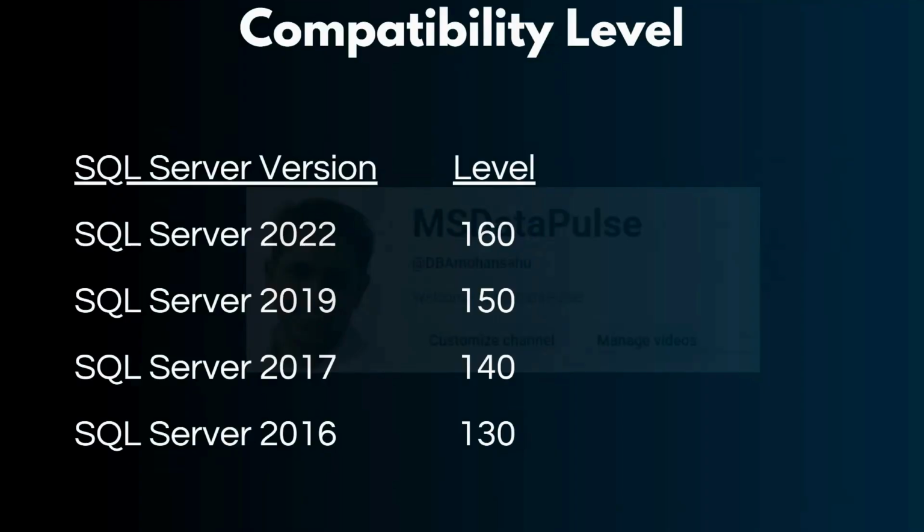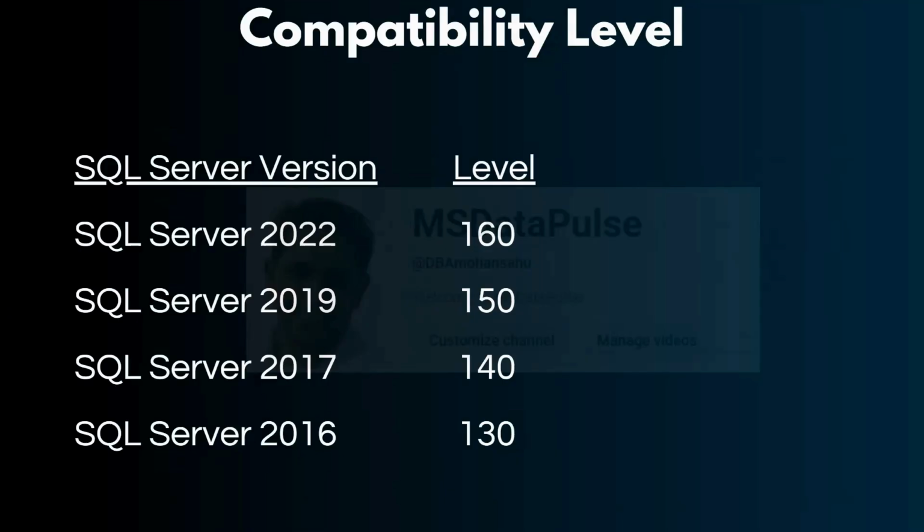It is also important to understand that the compatibility level defines the behavior of the SQL commands. It affects how SQL handles small things like how it converts dates or how it handles certain math operations. And as I said about query performance, this is the most critical impact.